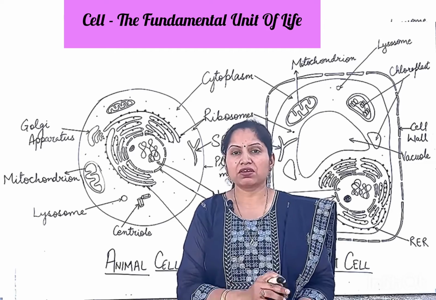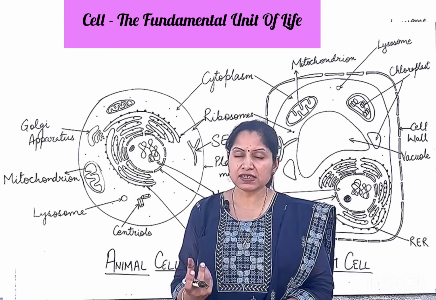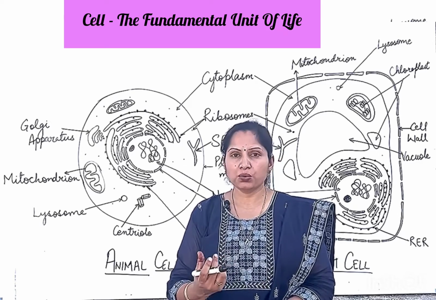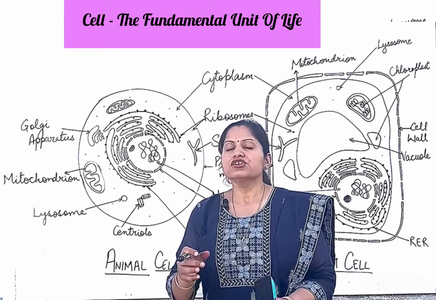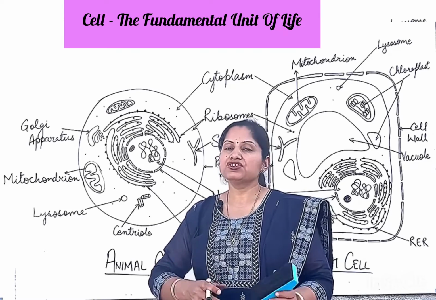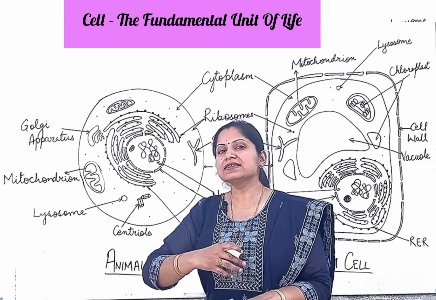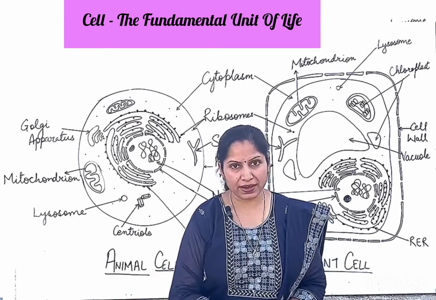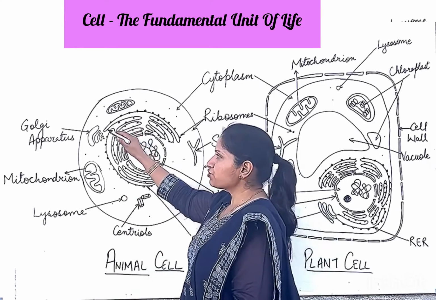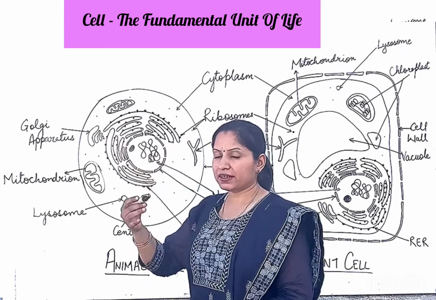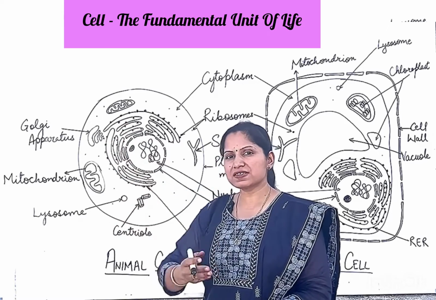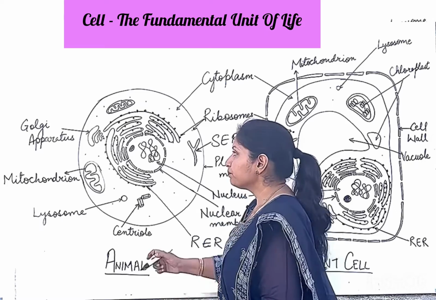Because the endoplasmic reticulum is going to synthesize different things, and the Golgi apparatus is going to pack those things, store them, modify them and send them to the places where they are required. So it has to be close to the endoplasmic reticulum so that it can perform its functions, because the functions are related to each other.